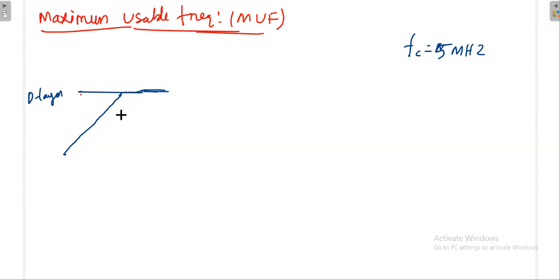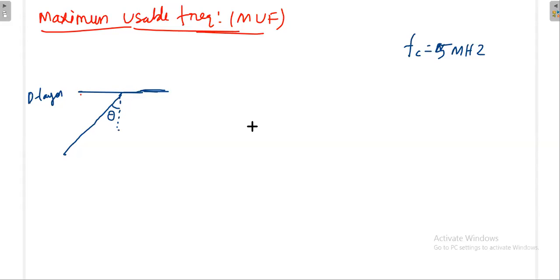Now I am making some angle of incidence, theta. Previously, maximum this was supporting 5 megahertz when it is vertical, but now it is making some angle.